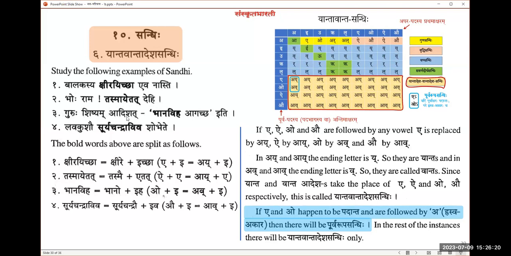Guruhu Shishyam Adishat. Bhanaviha Agacha iti. So bhan av is there, right? So either it has to be o or au, but since it's only hrasva av, then it has to be o, not au. So bano iha, bano iha. Is that wrong?